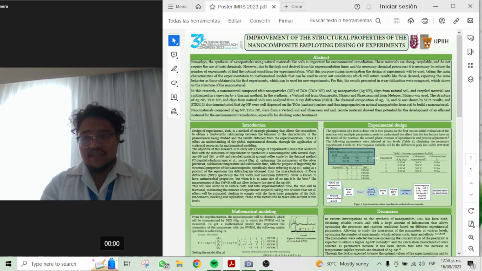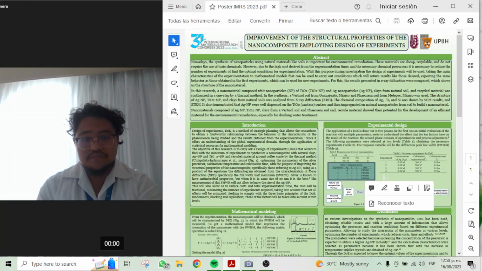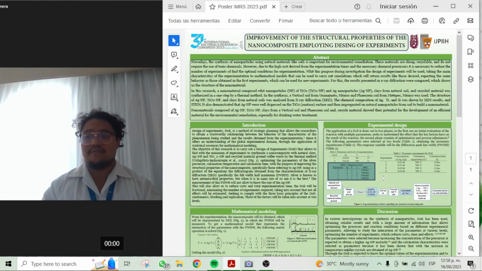The necessary experiments need different levels, and the parameters of X-ray diffraction will be the same to obtain a reliable response, the reliable answers.